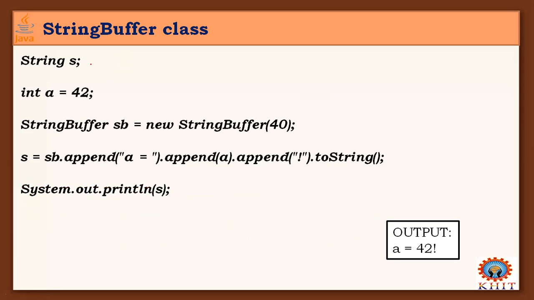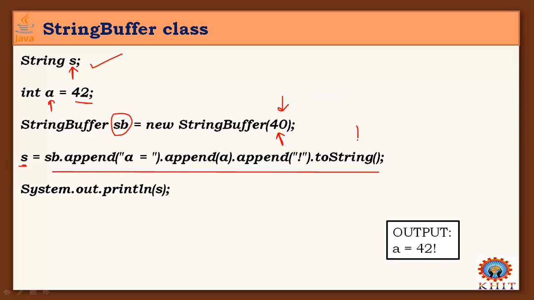So here is one simple example. I have a string object S, an integer variable a with value 42, and a StringBuffer object sb, which I'm initializing with 40. Now string object S is initialized by calling this append function along with toString. So here it is sb.append. sb contains 40, right?